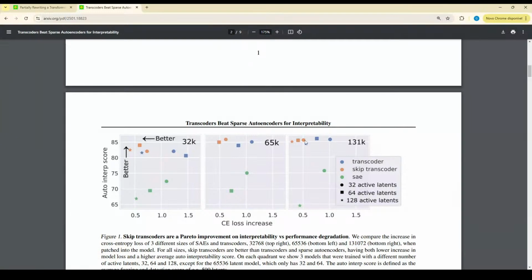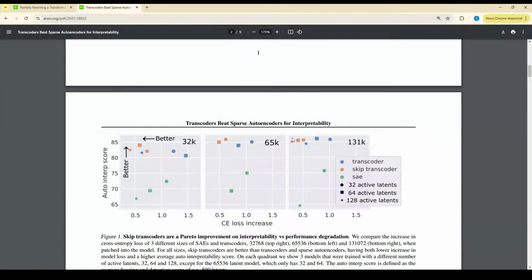So we go from 32, 64, 128. This one is 4 times less sparse than this one, but the interpretability score didn't change that much, while the cross entropy loss increase is significantly lower.